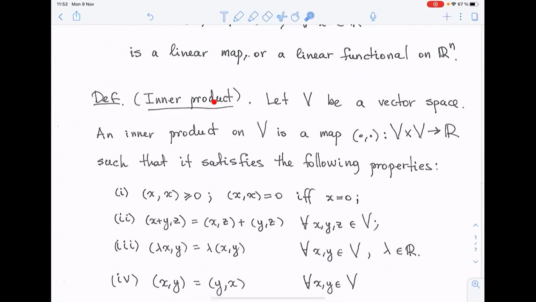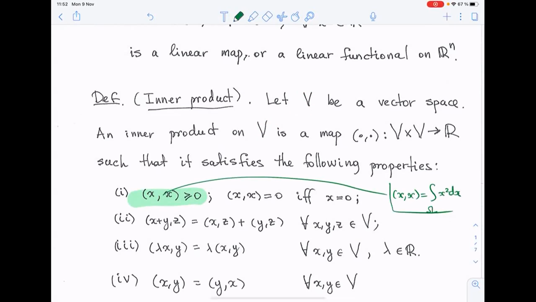So inner product means that you take two elements from the vector space and you do some kind of operation. For example, this object, x comma y, in general it is written in this form, but it is nothing else than, x comma x is the integral of x squared dx.